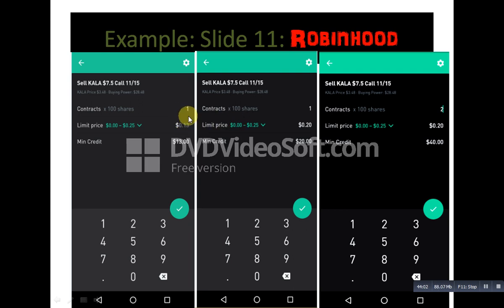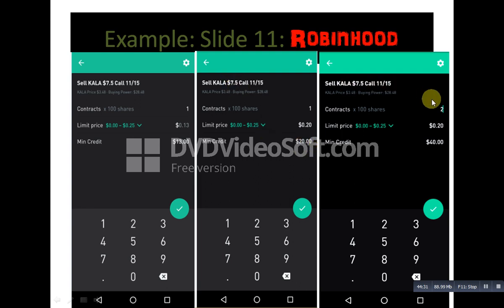Instead of 0.13, I can also keep one quantity, and because the market price is between 0 and 0.25, I'm saying I want to sell this one quantity at 20 cents a share. It will give me $20 for my 100 shares at the end of November 15 if the share price has not gone above the $7.5 strike price.